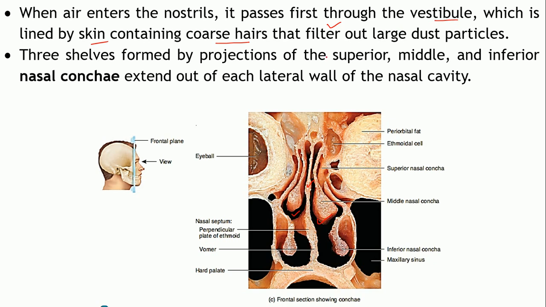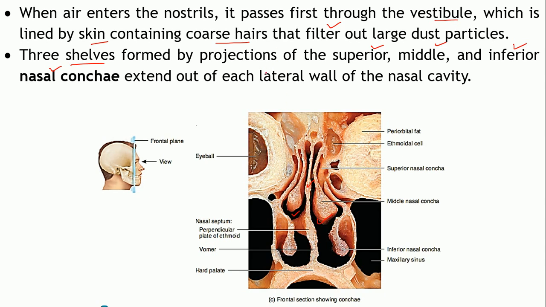Then, apart from this, there are three shells formed by projections of the superior, middle and inferior nasal conchae. So there are three more structures projecting within this particular cavity.